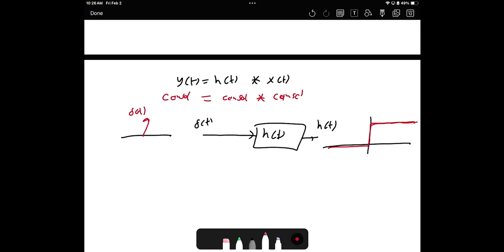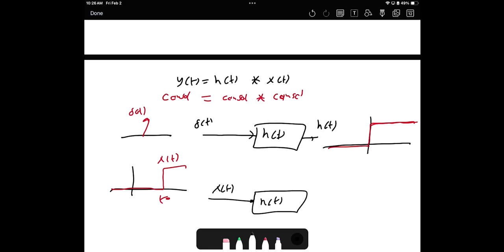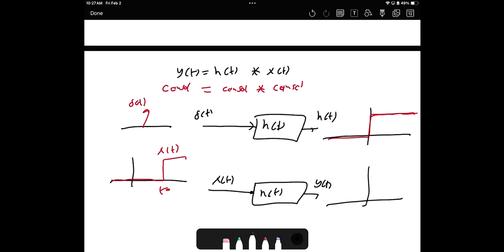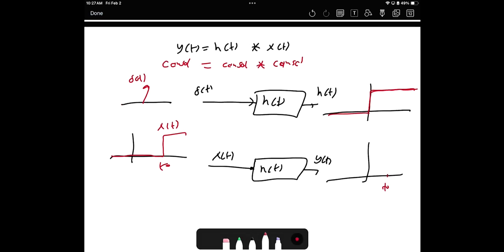Okay? Or when you have any input that starts at t equals 0, let's assume this is x of t, then here is h of t, then here is y of t. So let's assume the output y will start from t equals 0.